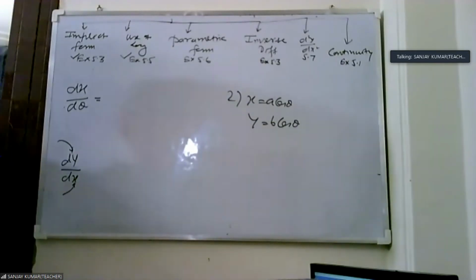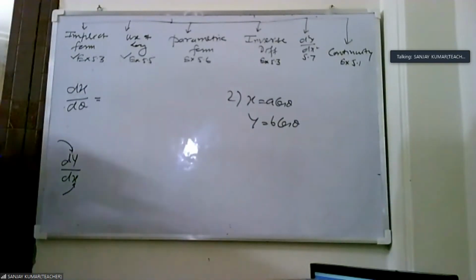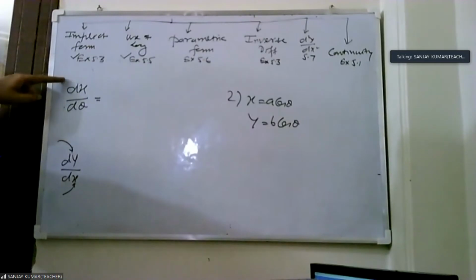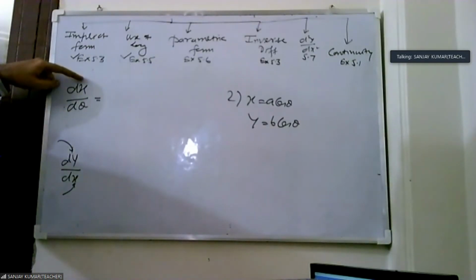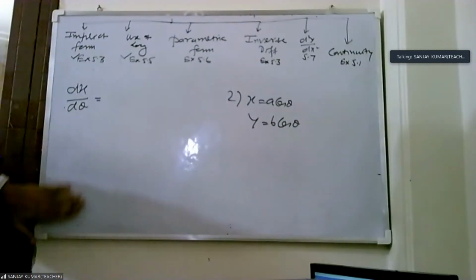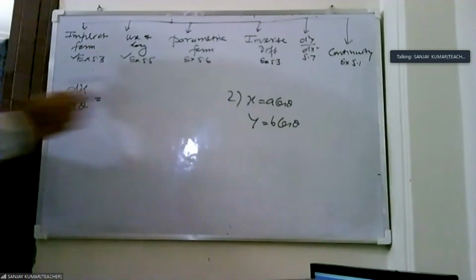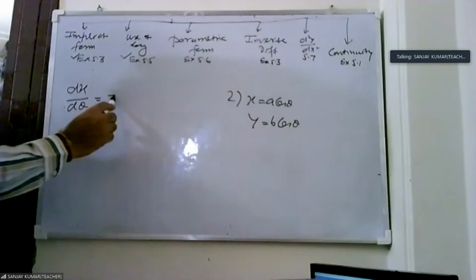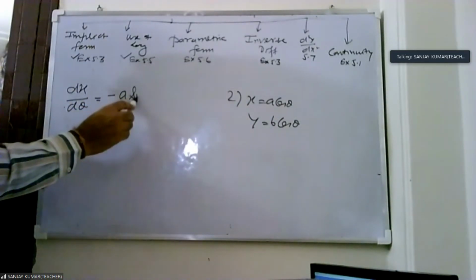Okay, please stop. I did not ask for the answer, please stop. So dx by d theta is the differentiation of x with respect to theta. That is, x is a variable and theta is also a variable. We take the derivative of x with respect to theta. So first dx by d theta, the derivative of a cos theta, is minus a sin theta.